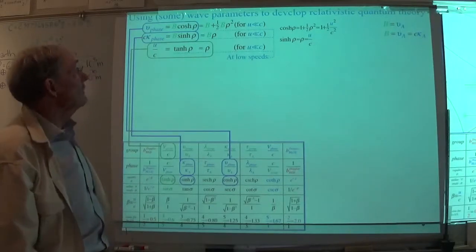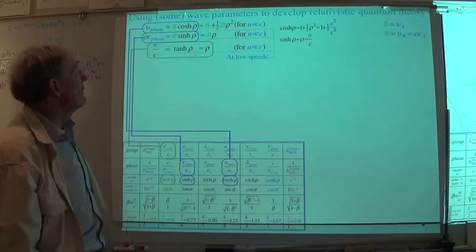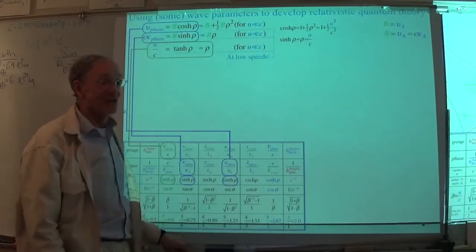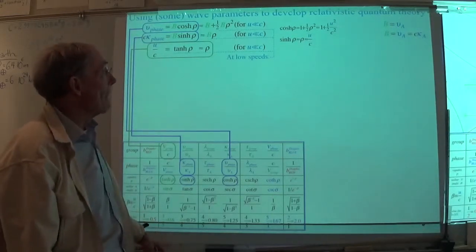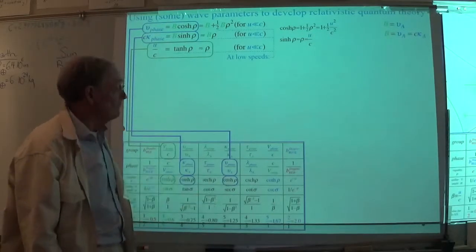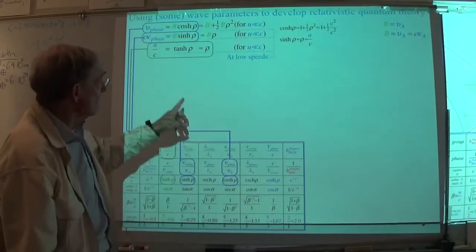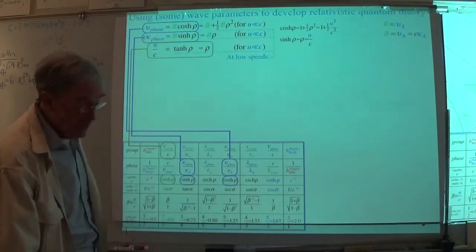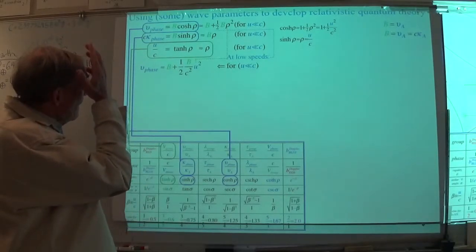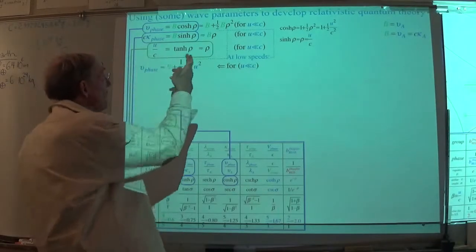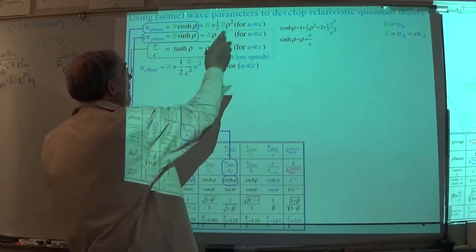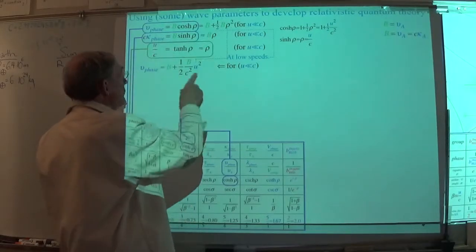It's hyperbolic tangent. As I said before, at low rho, it's just u over c. It's a good approximation. Okay, so those are the three that we're going to play with. But particularly, let's start with this one. So what we do is we say, okay, if this thing right here is linear and it's equal to this, I could rewrite this rho here as u over c.